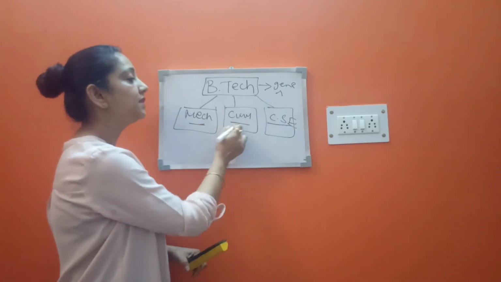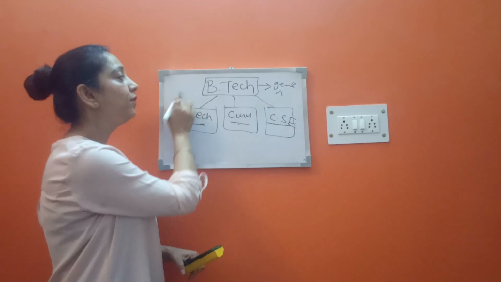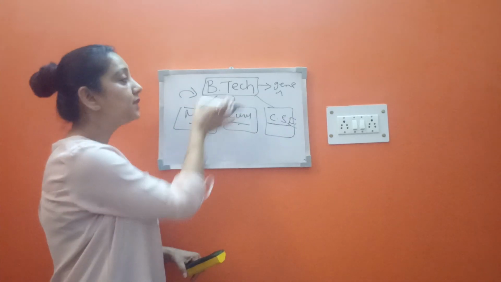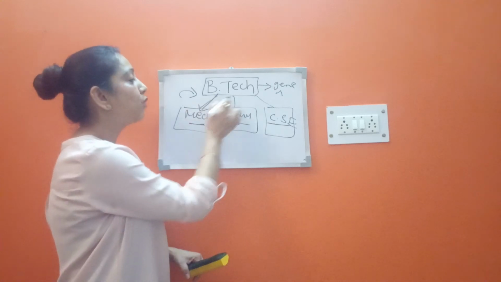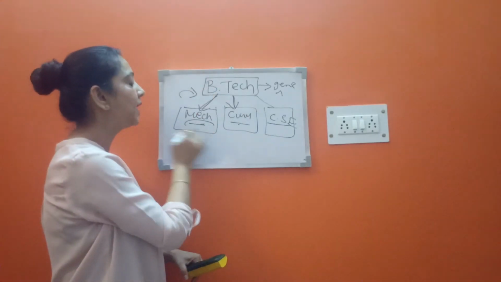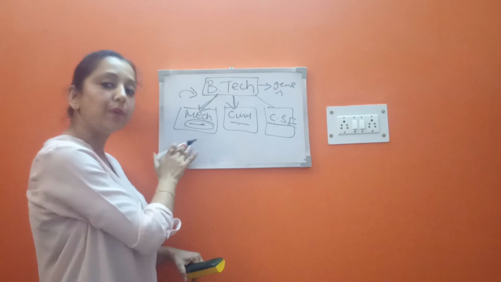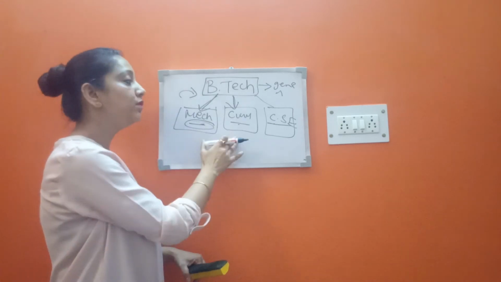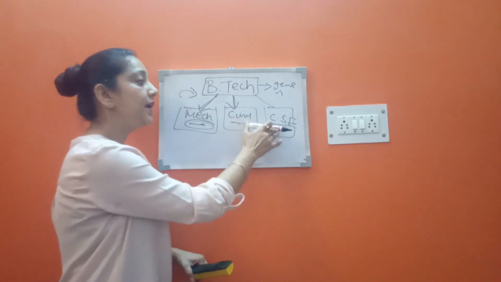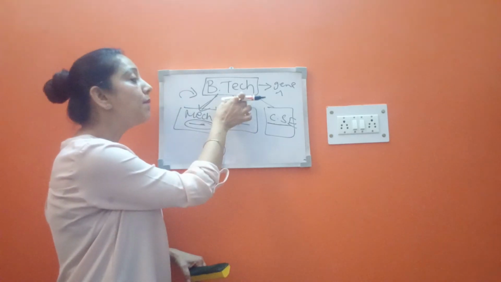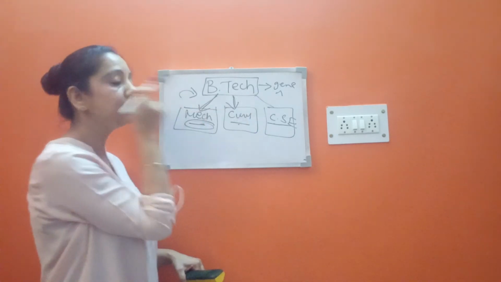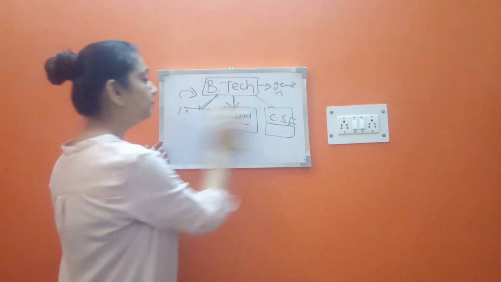They will have the properties of their main entity BTech, but also some properties specific to them. In mechanical you will study subjects specific to mechanical, in civil subjects specific to civil, in CS subjects specific to CS, as well as some common subjects. So this is the basic concept of specialization.